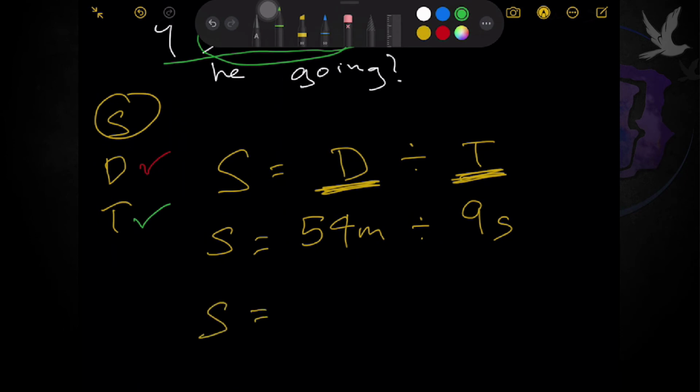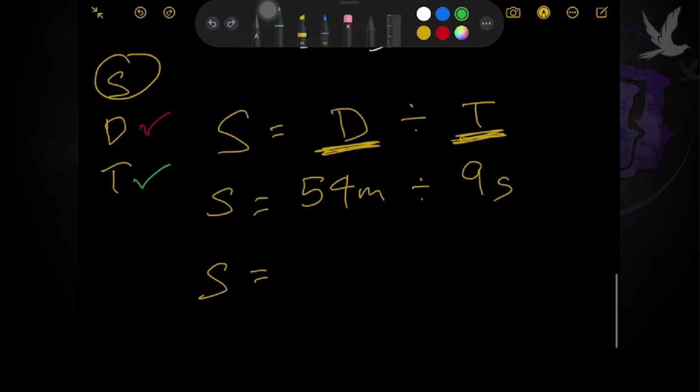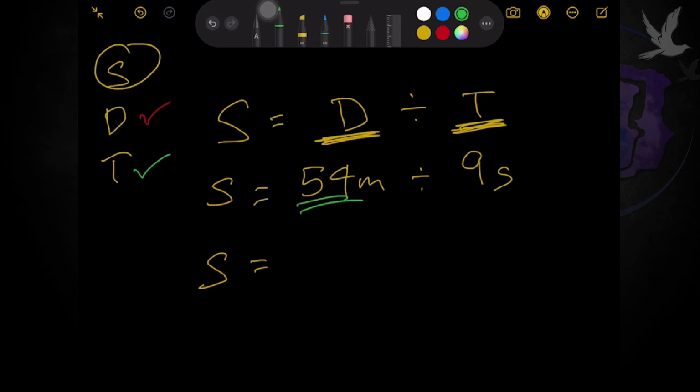Kasi nga, syempre, may division tayo dyan. So, all you need to do now is to divide. Okay? Divide nyo lang. What is 54 divided by 9? Okay? If you know your basic math, if you know your basic multiplication, you should know that 54 meters divided by 9 is 6. 6 ang answer natin.